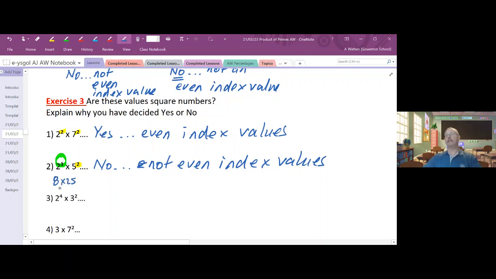Normally the numbers are very, very large, but you can tell straight away that is not an even index value because the power 3 is not even. Okay. With question 3, it's a yes. And you would say it's even index values.